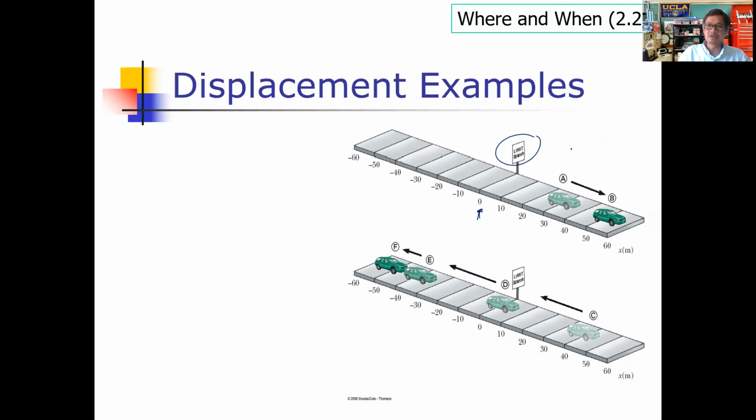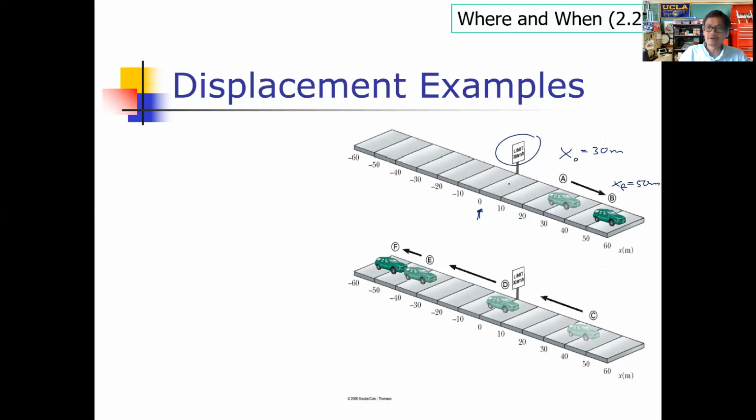So the initial position, x initial here, is going to be for the car at a distance that is 30 meters away from 0. So its initial position is 30 meters away from the point that we call 0. Then the car moves to this final position here, which is about 50 meters away from the 0 point.